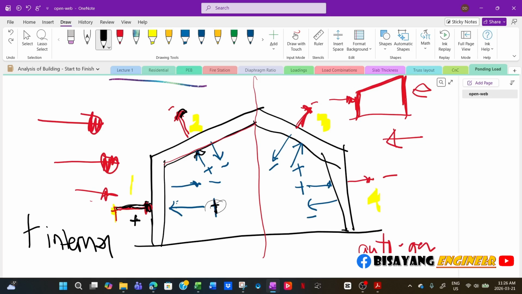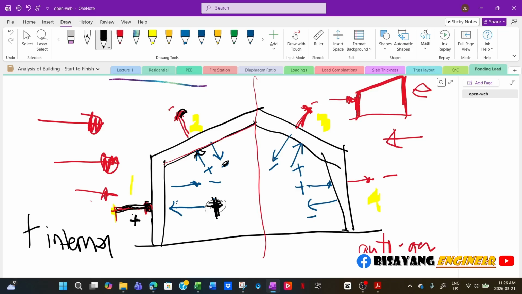You apply the positive internal pressure only, and then apply the negative separately, and make that a different load combination. So, if you use positive here, then use positive all throughout. Then the next load combination is negative. Then use all negative.